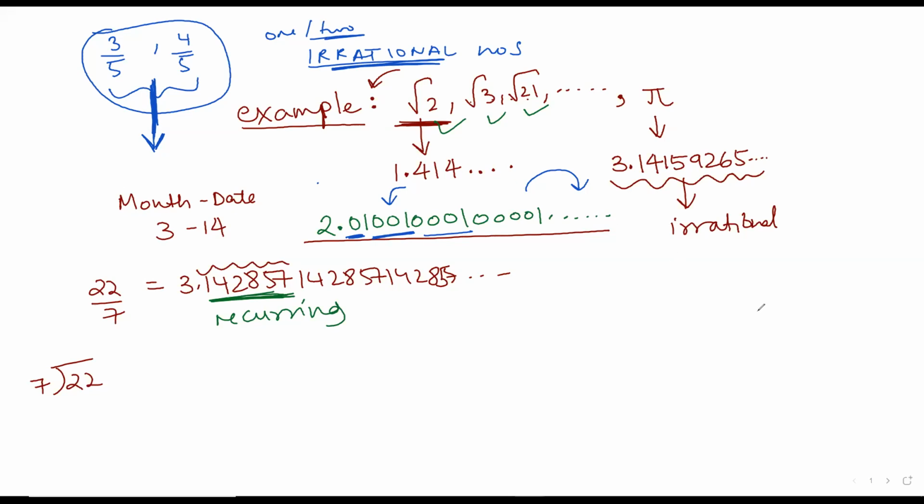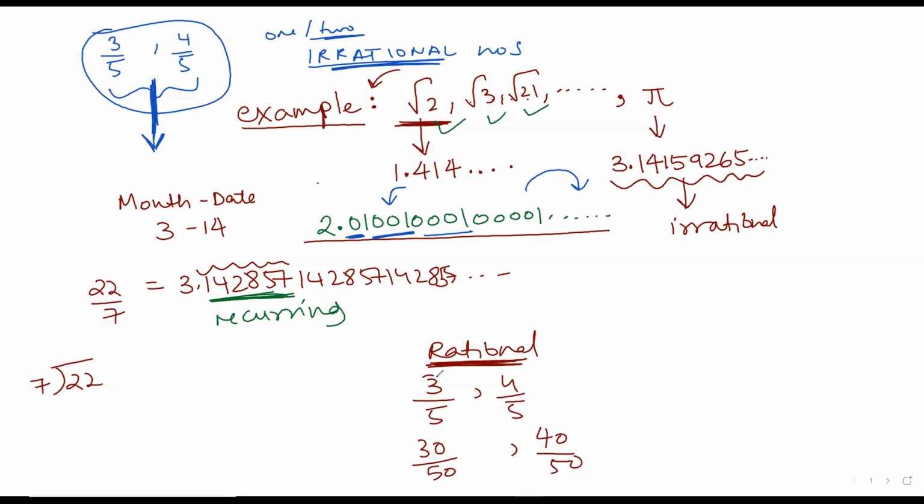So what did we do when we had to find rational numbers between two given rational numbers? For example, let's take 3 by 5 itself. We had 3 by 5 and 4 by 5, and then we said, let's find rational numbers between these two. So we said this can be written as 30 by 50 and this can be written as 40 by 50, right?